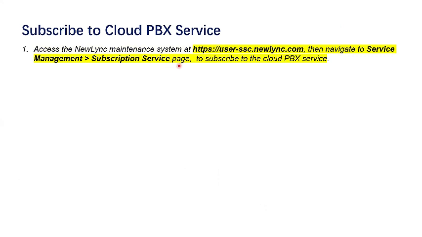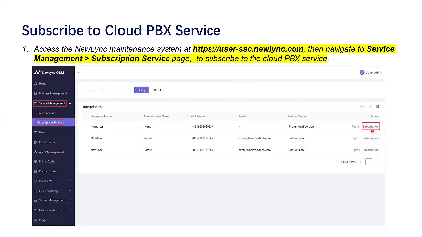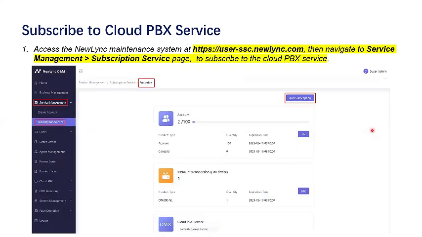So go to the same page. You can navigate to the service management subscription service page, then subscribe to the cloud PBX service. So go to the subscription. Say for example here, then you can add the subscription amount here. You can add subscription. You can also edit the recent subscription. So to show here the subscription service that I have in my account, I have already subscribed to some out of 100.